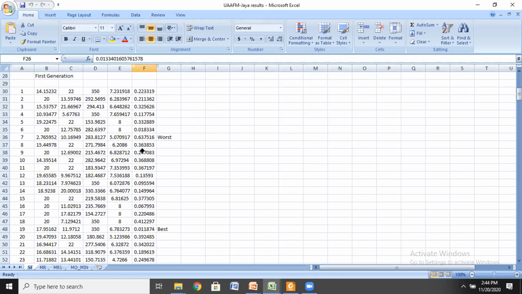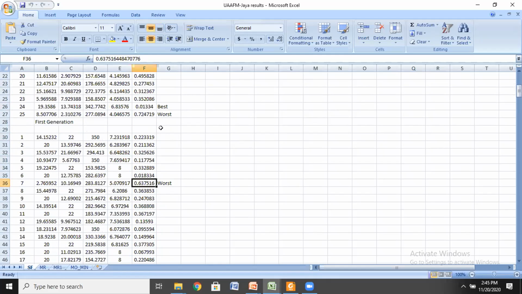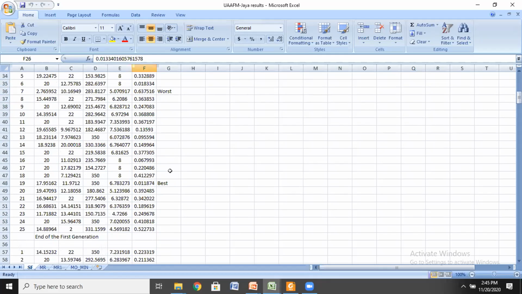In the second iteration, the worst is 0.63. What you have to observe is that if you continue with that logic in the Jaya algorithm, your worst solution also will slightly reduce in the next step. This is our best, 0.013, and in this case the best is 0.011, so your best is improving.